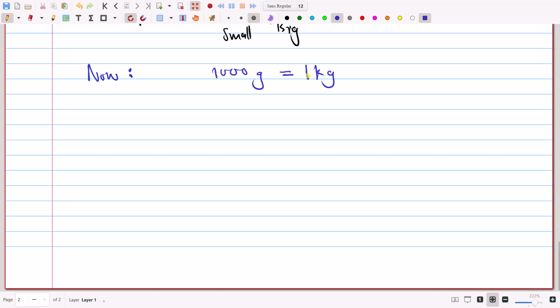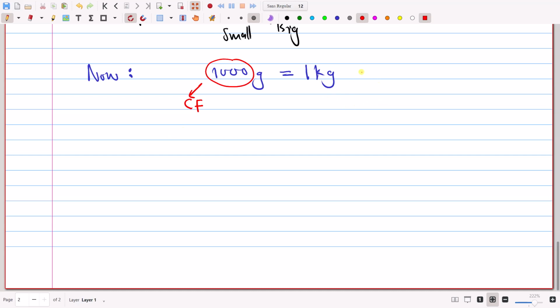We know that 1000 grams is equal to 1 kilogram. This is the conversion factor, which we also refer to as the CF in uppercase letters, so we have to use 1000 to do the conversion.